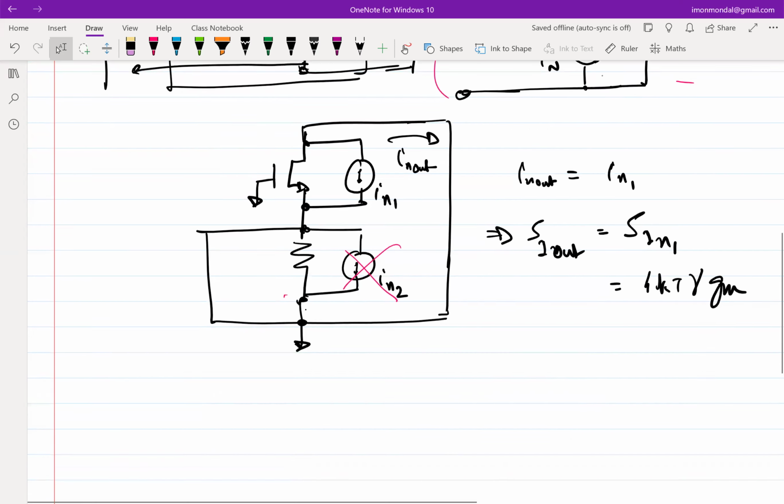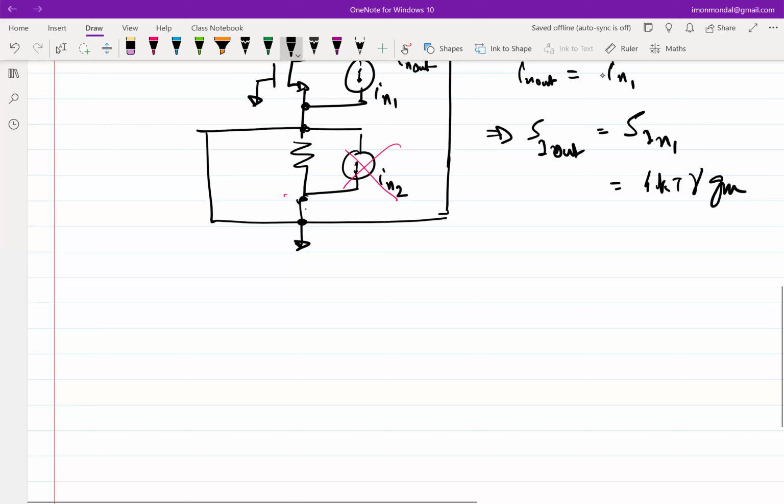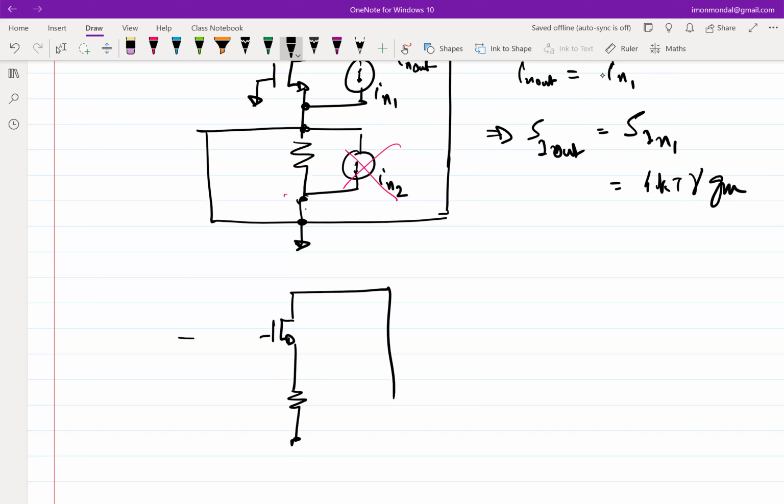Essentially, this is equivalent to saying that I have another model where the elements inside this two port are noiseless, so no noise here, but all the elements are present. And the equivalent noise source is Vn at the input. Sorry, not here. This is not the input.